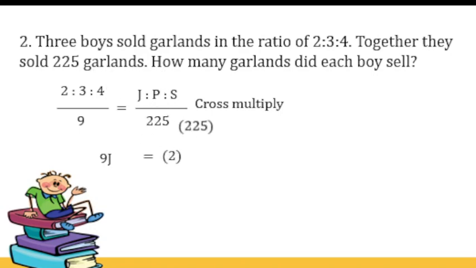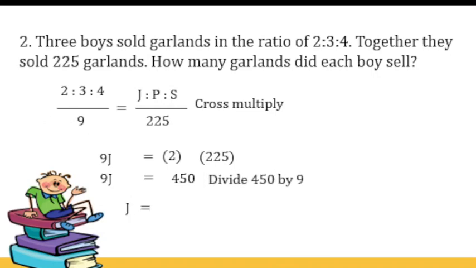The product of 225 and 2 is 450, and then divide 450 by 9, and then J is equal to 50.